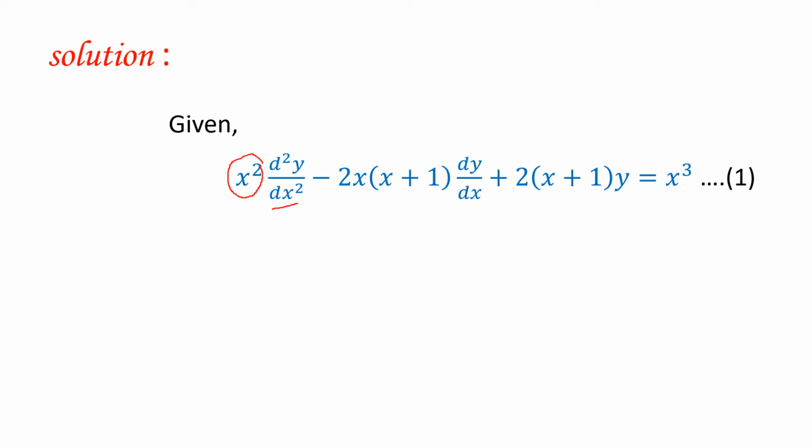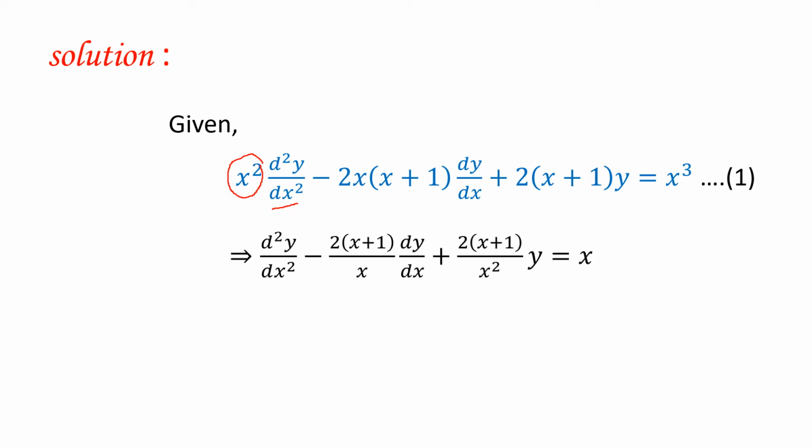Therefore we have to eliminate this. Therefore we have to divide throughout by x square. If you divide throughout by x square, we get d square y by dx square minus 2 into x plus 1 by x into dy by dx plus 2 into x plus 1 by x square into y is equal to x. Now this is in the standard form.